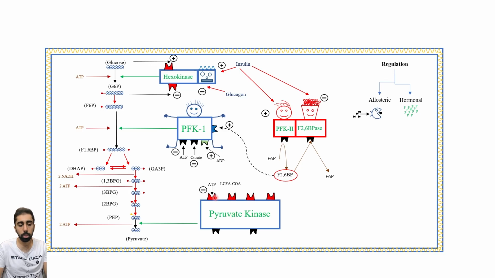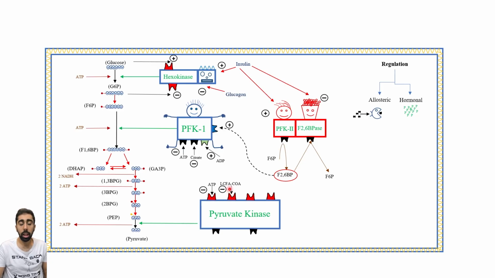We have another molecule called long-chain fatty acids. Long-chain fatty acids can inhibit pyruvate kinase. Why? For example, whenever we are running, say, 5 kilometers, our body prefers to use fatty acids to produce energy, and our body doesn't want to use its glucose anymore. Glucose is important for us, but fatty acids are used to produce energy when we do some activities.